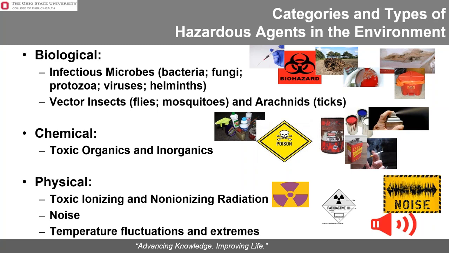And when we talk about vectors that can be involved in the transmission of infectious agents, those are living organisms as well. And representatives could be insects such as flies and mosquitoes, and arachnids such as ticks, and a little more content on that later. When we talk about the category of chemical agents, most of the focus from an environmental public health perspective is on toxic chemicals.